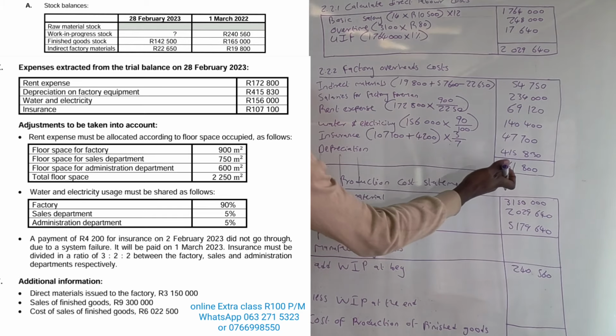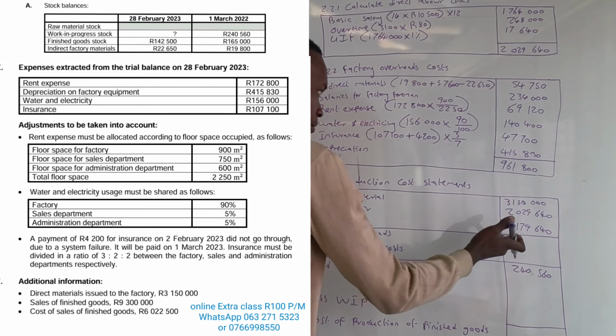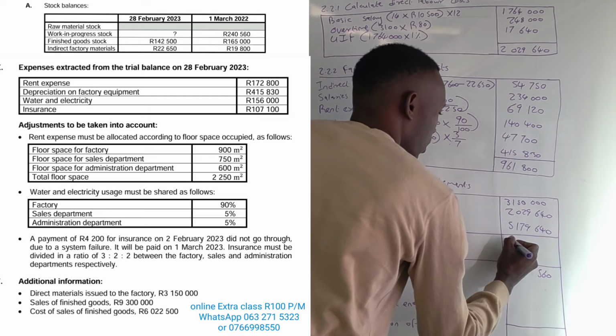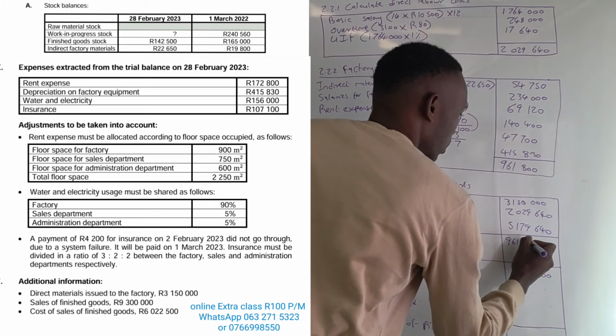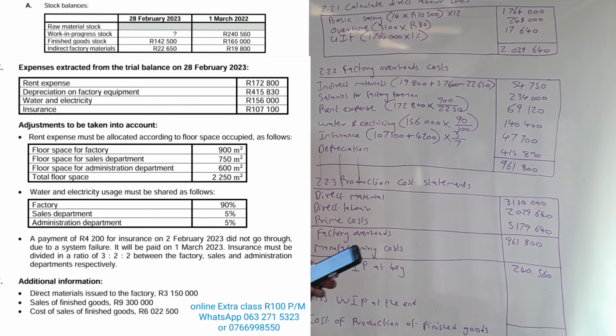Okay, now because we got total here, factory overheads now have the answer. We just have to transfer 961,800. Okay, now let's proceed.